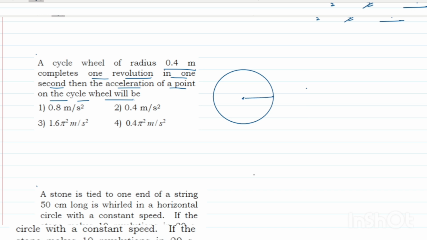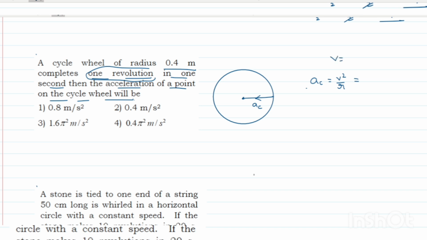So here, acceleration is nothing but, when the cycle wheel is moving, a centripetal acceleration acts towards its center. So the formula for centripetal acceleration is v square by r. But they are talking about one revolution in 1 second, so they are asking in terms of angular velocity.